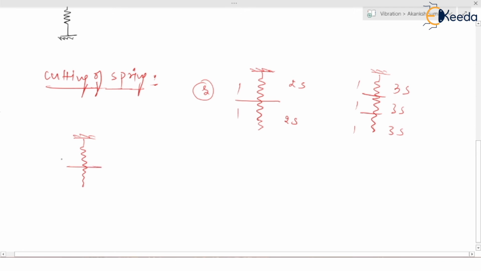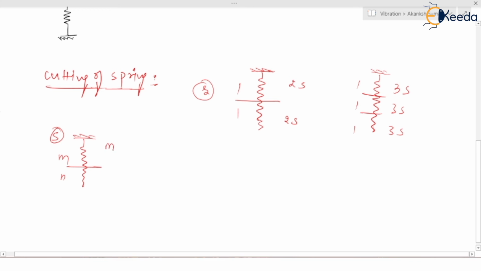Now when we cut the spring unequally, say in m and n ratio, that means not equally. Initially the spring stiffness is s. What would be the final stiffness after cutting?